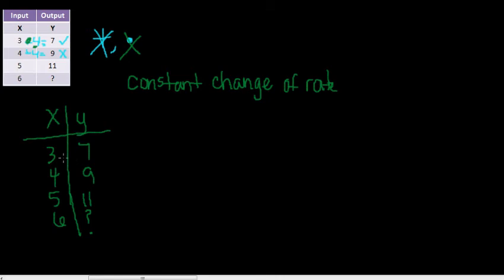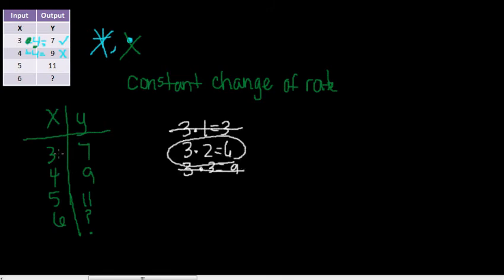Let's use the multiplication, and you're going to try and get as close to 7 as you can. What gets us close to 7? Well, 3 times 1 equals 3, 3 times 2 equals 6, and 3 times 3 equals 9. This is too little, that's too much.